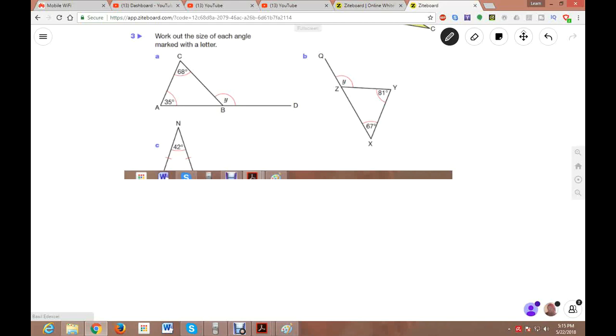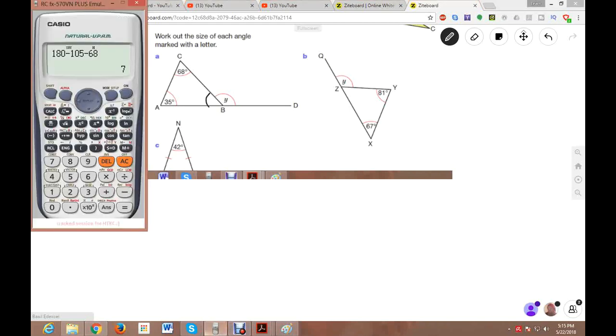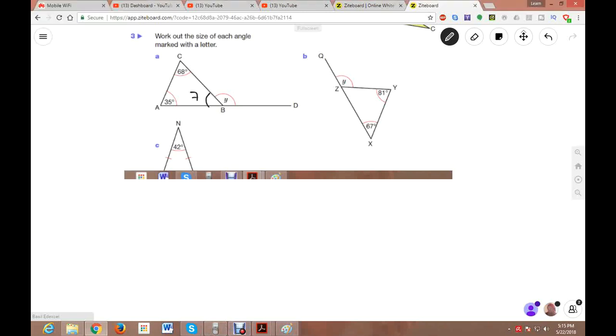So angle Y. Okay, so 68 plus 35, which gives 103. Yeah. And then 180 minus 103 gives us 77. Yeah. And then 180 minus 77 gives us 103. So Y equals 103.